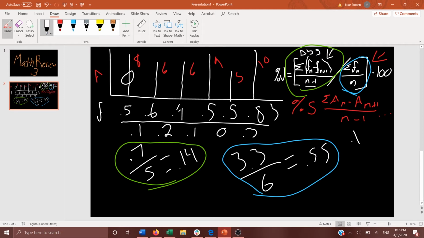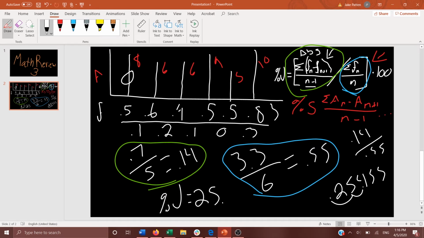So we're going to take 0.14 over 0.55. 0.14 divided by 0.55 equals 0.2545. Okay, and then you multiply that by 100, and that's easy enough to do. You just shift the decimal over, right? So you go 1, 2. So now you have a percent jitter equals 25 point, oh, let's just say 46%.